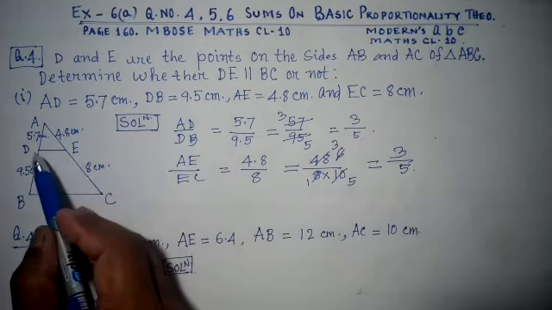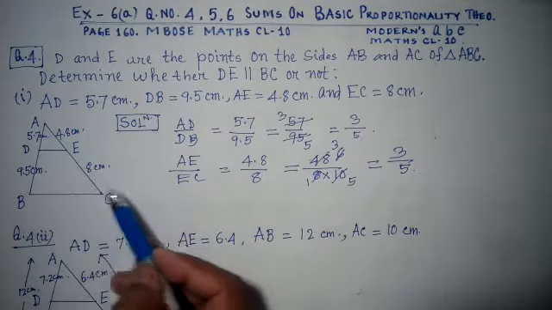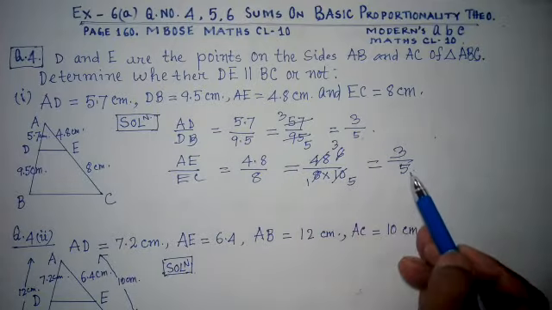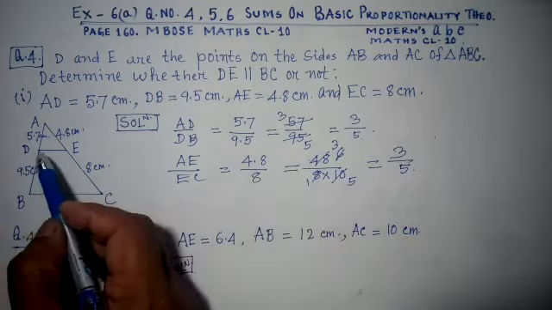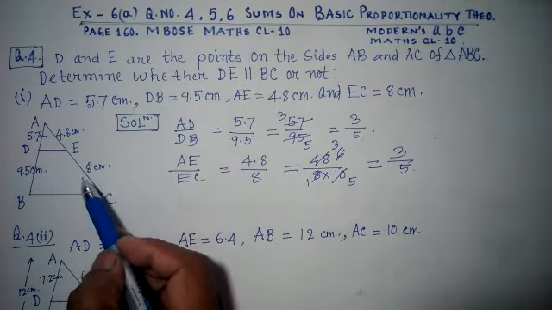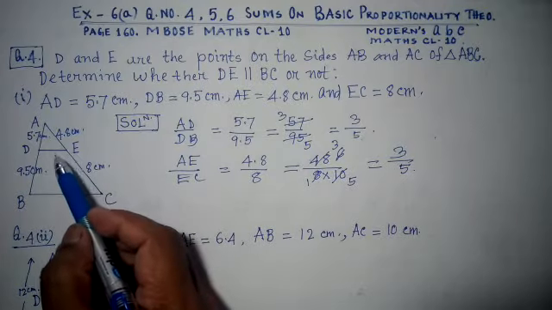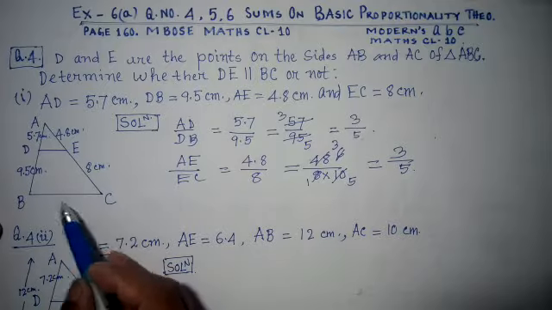It means the line DE divides AB and AC in the same ratio. So converse of basic proportionality theorem: if a line divides two sides of a triangle in the same ratio, the line is parallel to the third side. DE is parallel to the side BC.